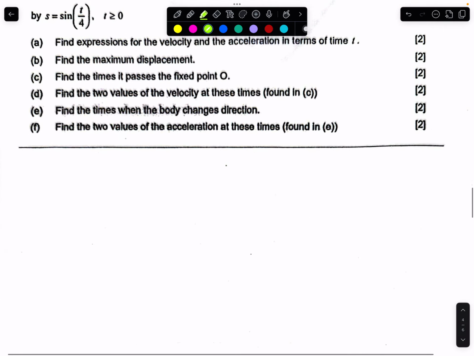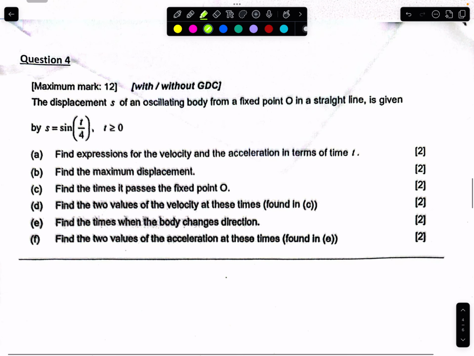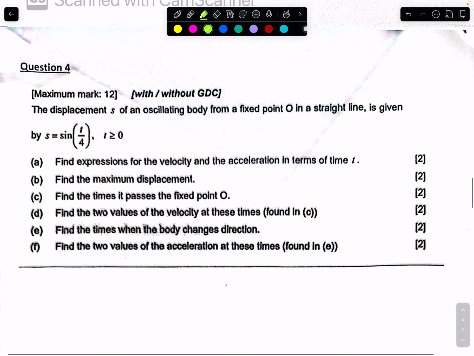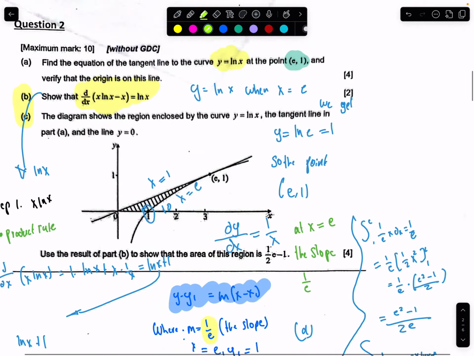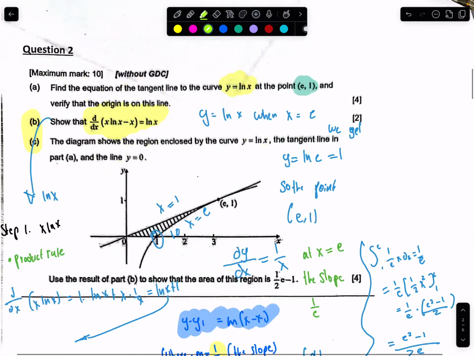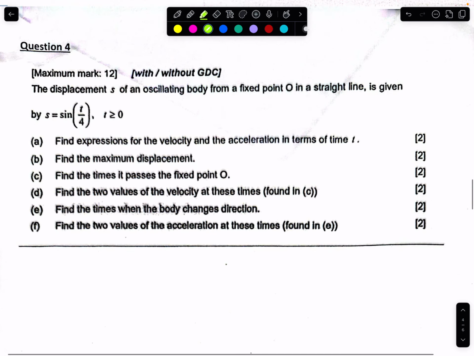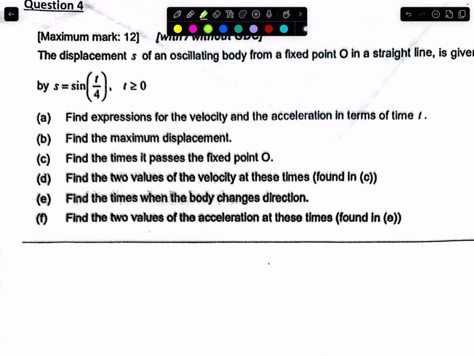Hello everyone, we're going to continue finishing the fourth and final question for Mr. Omar's quiz. For the fourth question, we're going to break down a full-on IB kinematics topic.